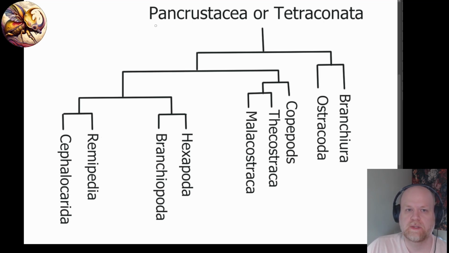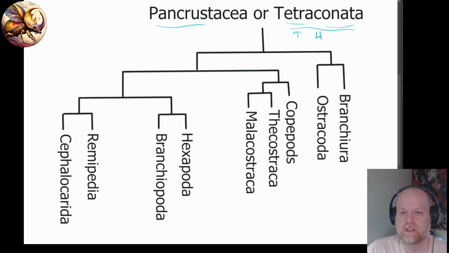This is the Pancrustacea, which is a very confusing name because not everything in this group is a crustacean. So the other name that is frequently used, and which is honestly a better name, is the Tetraconata. Tetraconata refers to the structure of the eyes of this group of animals. Tetra means four, and conata refers to cones, so these are the four cones in the eyes.